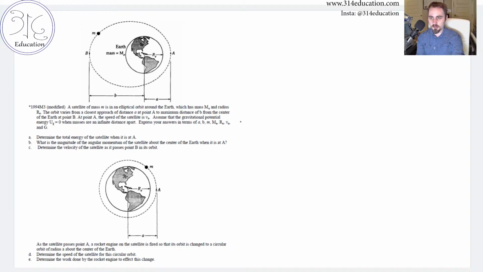That's going to be total energy is kinetic plus potential, which is going to be 1/2 m v naught squared. That's our kinetic piece. Plus our potential. We can use potential as mgh, right?